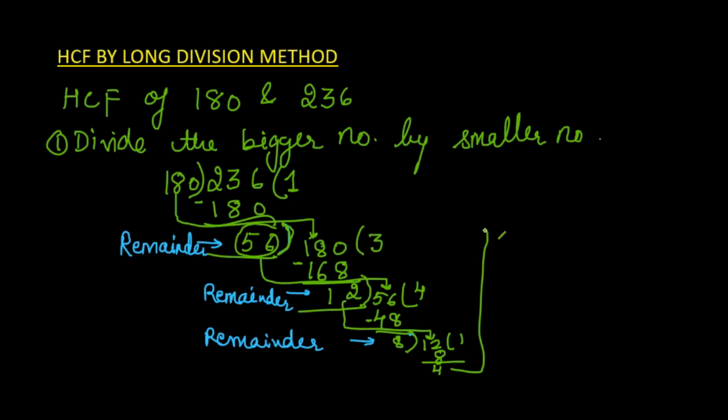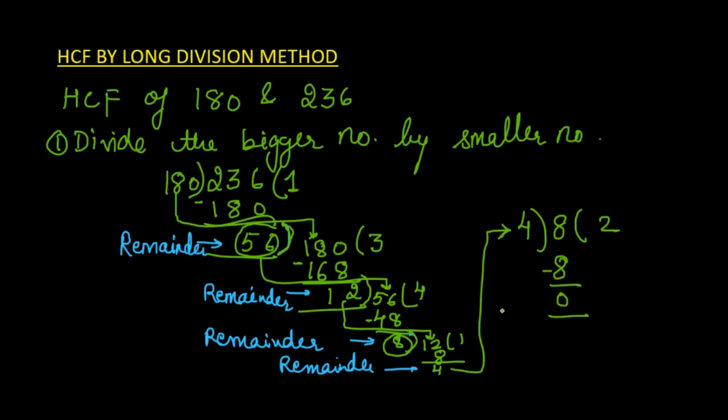Now in the next step, 4 becomes the divisor. Four will become the divisor and we will be dividing 8 by 4. So we get 4 twos are 8 and we get a 0.